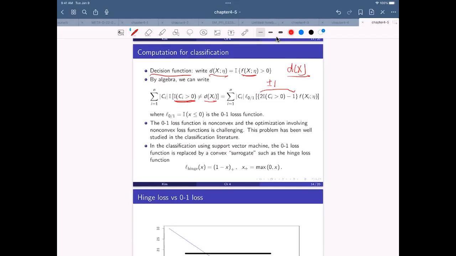The product is positive only when they have the same sign. So if F is plus and the label is plus 1, then it gives 0. That's exactly the same.